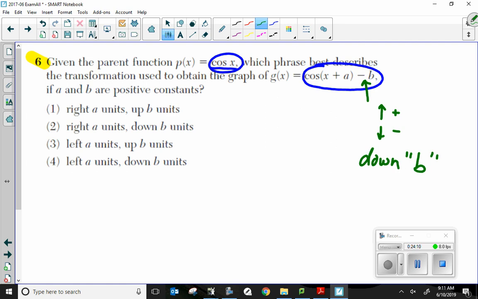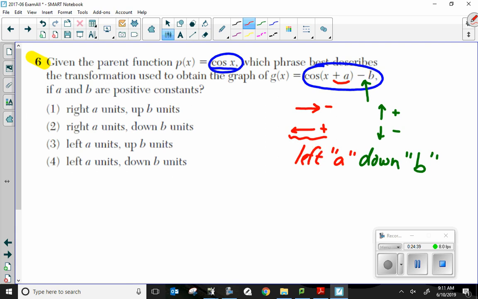Now, when we are inside parentheses, everything kind of goes opposite. We normally think right is positive on the x-axis and left is negative, but they're flipped. If I'm moving right, it would be a negative sign. If I'm moving left, it would be a positive sign. So we're moving left a units.